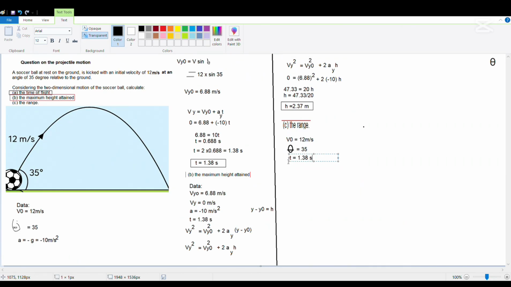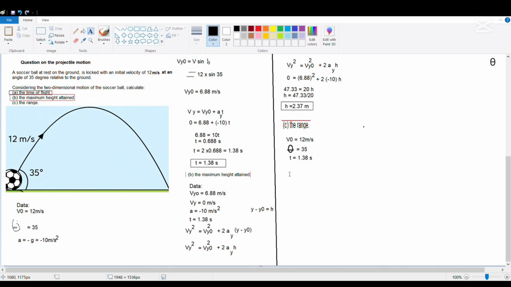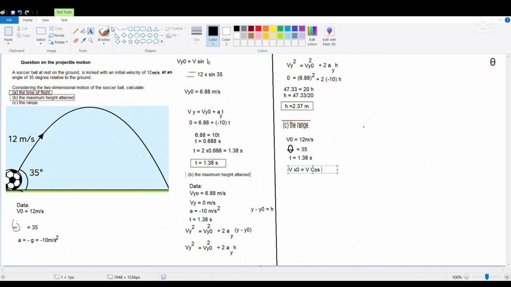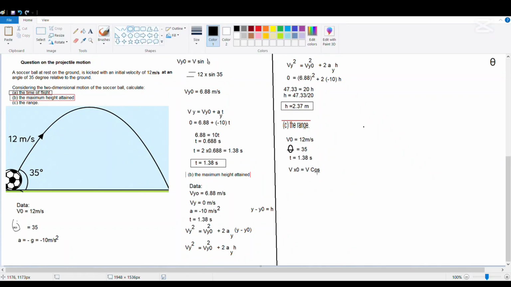What we need to do here is find the x component, because we're talking about the range, and the x-axis we need to find. So we know vx naught should be equal to v cos theta, because as I mentioned in the beginning, it should be cos theta for x and sine theta for y.